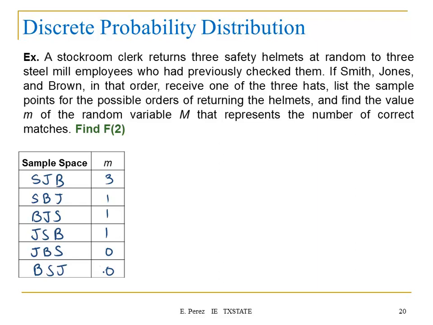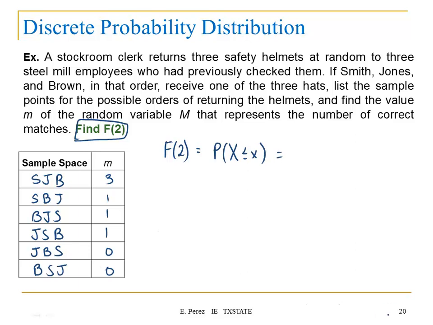Now the problem is asking you to find the cumulative distribution for value 2. So we need to add the probabilities from 0 to 2 and find that value. So what we do, we want to find F of 2, and that is equal to, based on our definition, the probability that X is less than or equal to x.